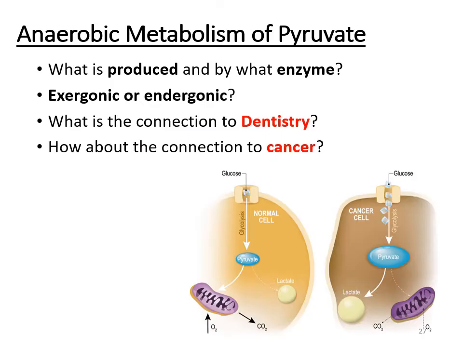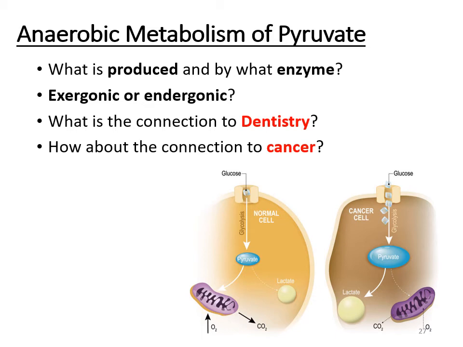The last part of the glycolysis pathway that I want to mention is called anaerobic metabolism of pyruvate. So back when we showed 3 possible fates of pyruvate, the first one was basically anaerobic glycolysis, the anaerobic metabolism of pyruvate.